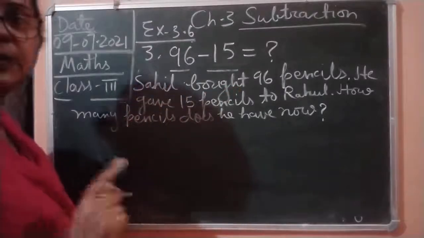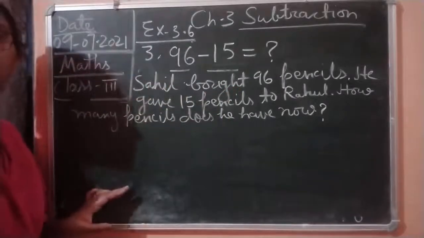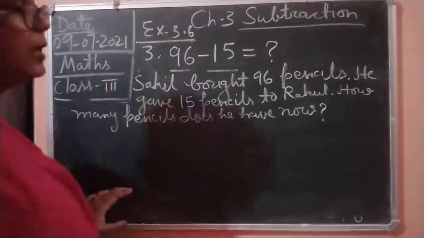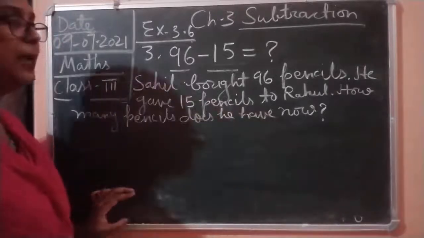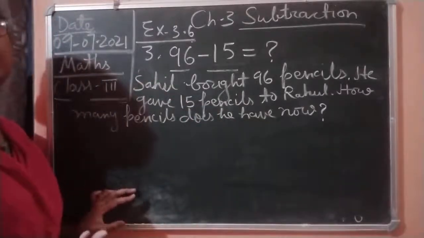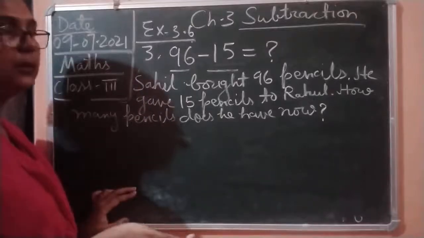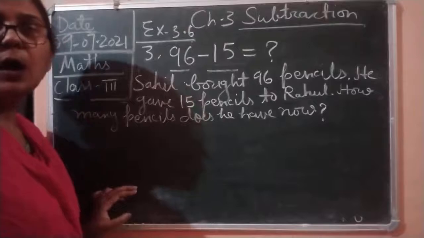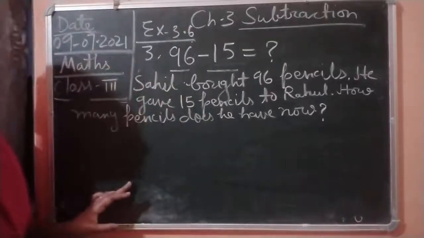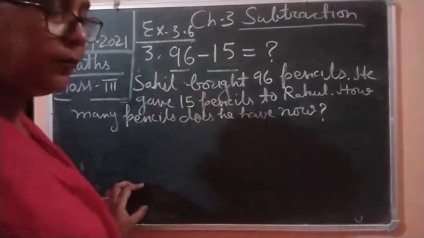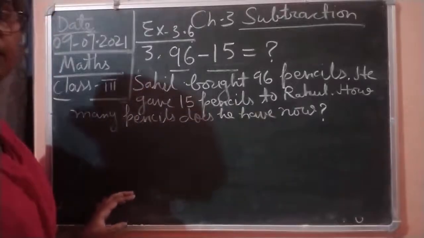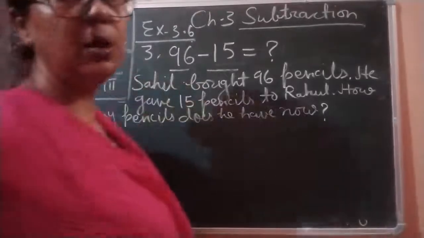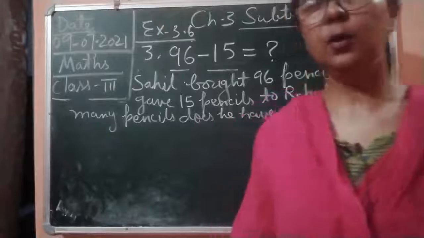Okay. Now here what we have written? साहिल बॉट 96 पेंसिल्स. साहिल ने कितनी पेंसिल्स खरीदी? 96. और उसने क्या किया? ही गेव 15 पेंसिल टू राहुल. उसने अपने फ्रेंड राहुल को 15 पेंसिल दे दी उसमें से. सो हाउ मैनी पेंसिल डज ही हैव नाउ? अब उसके पास टोटल कितनी पेंसिल बची? ओके. सो फर्स्ट यू जस्ट राइट डाउन दिस वर्ड प्रॉब्लम इन योर कॉपी, देन वी विल सॉल्व दिस in the form of solution.